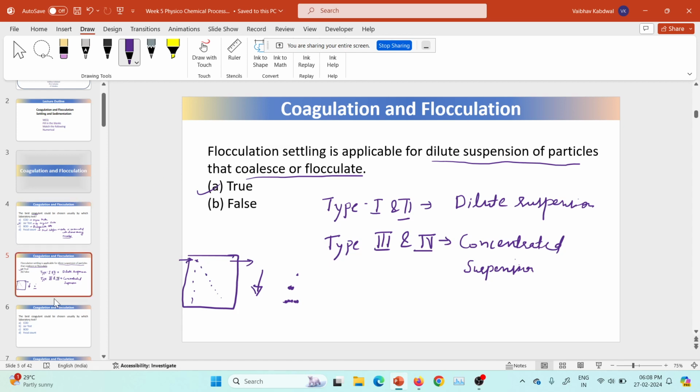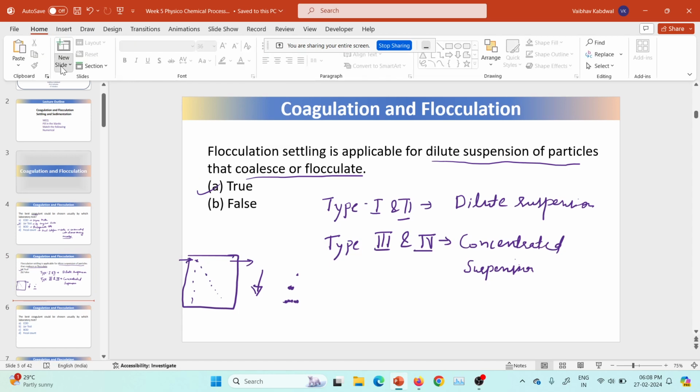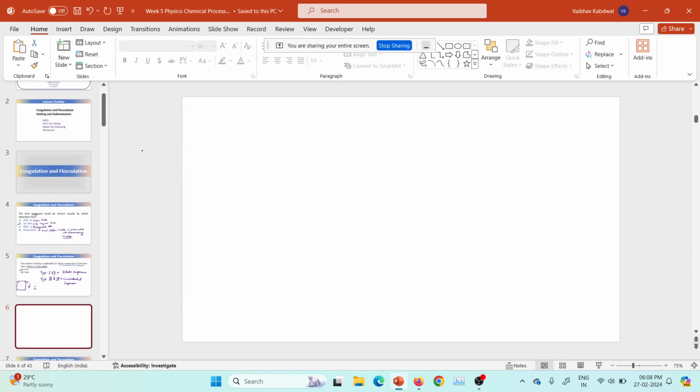So in type 2, let's make it clear. In type 1 settling, discrete particles will not interfere with each other.